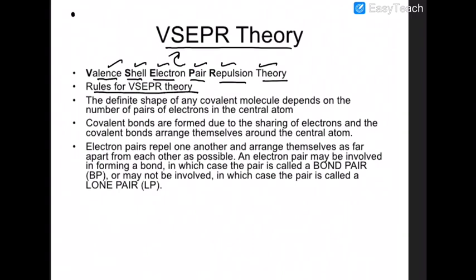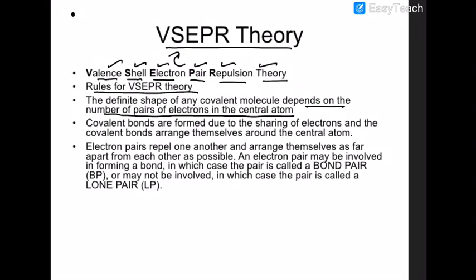The definite shape of any covalent molecule depends on the number of electron pairs present on the central atom. The geometry or shape of the molecule depends upon how many electron pairs or bond pairs are present on the central atom.